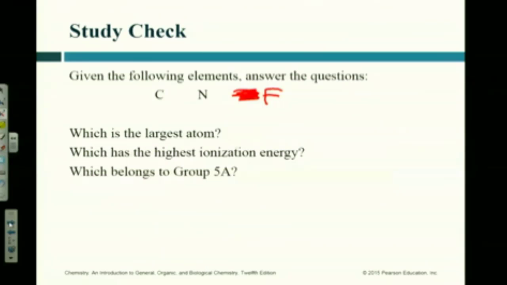And carbon's the furthest left. It has the least number of protons pulling on those electrons. Okay? So it is the largest. Things get smaller as you go across, right? Who has the highest ionization energy? Fluorine. Why fluorine? Because it is the smallest, right? It's holding on to those electrons. Who's in group 5A? Nitrogen. Nitrogen is at 5A, right?